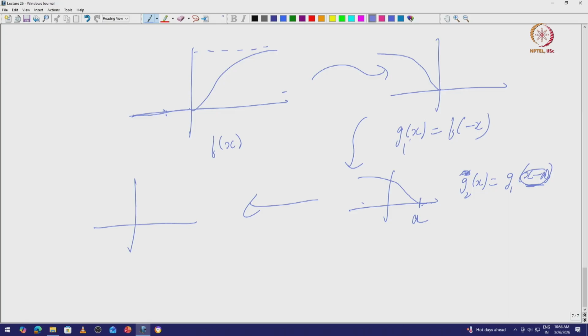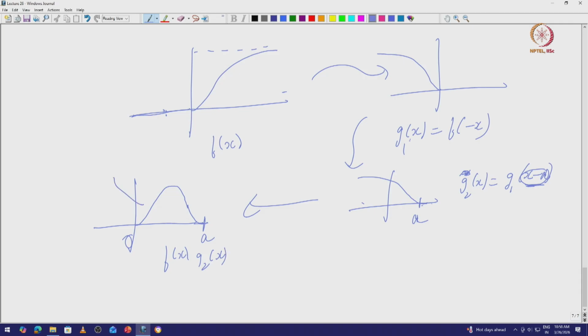What will you get? You'll get something like this. Right? I mean, beyond a, it's 0. Over here, it's 0, and it's positive in between. This is basically f of x times g2 of x. This is a very interesting function.